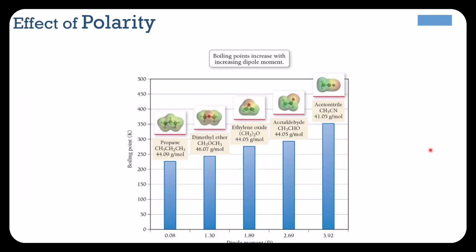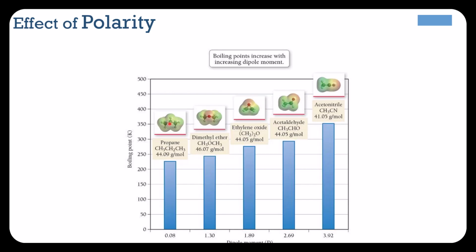Here's another example of how polarity affects the boiling point. You can look at this series of molecules and their dipole moments, and we see that they get increasingly stronger dipole moments.